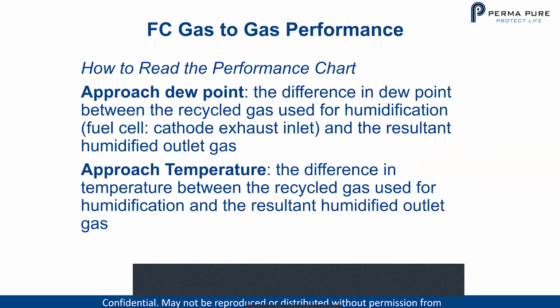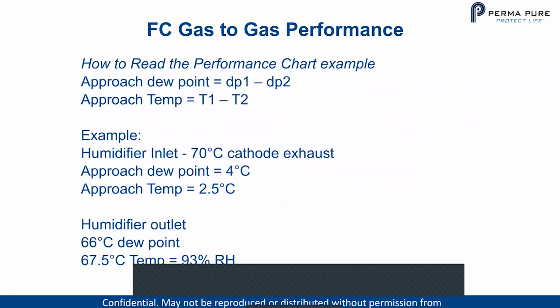The approach dew point is the difference in the dew point between the recycled gas used for humidification in a fuel cell, that is the cathode exhaust inlet, and the resultant humidified outlet gas. And the approach temperature is the difference in the temperature between the recycled gas used for humidification and the resultant humidified outlet gas. So let's go through another calculation just to bring this point home.